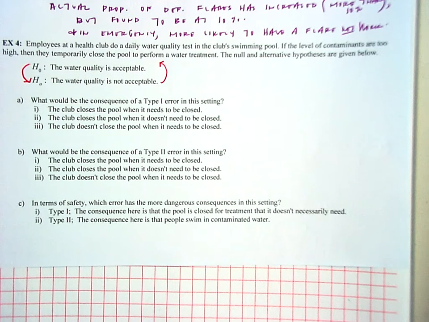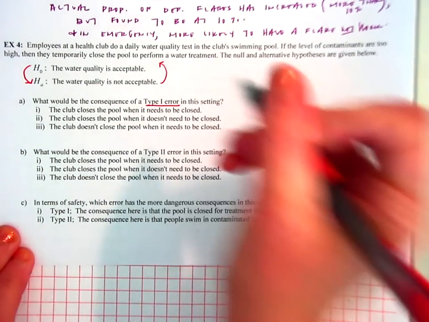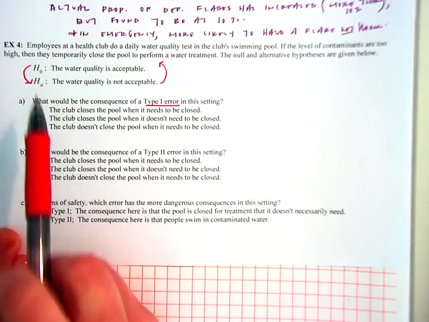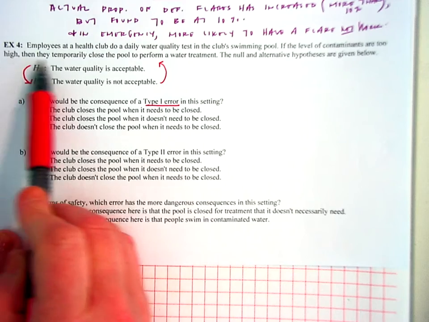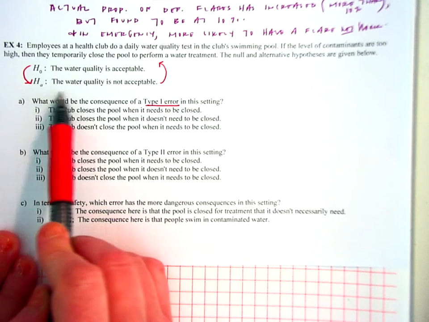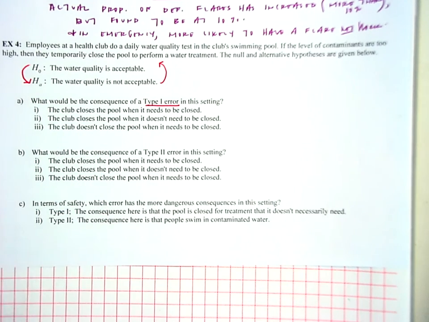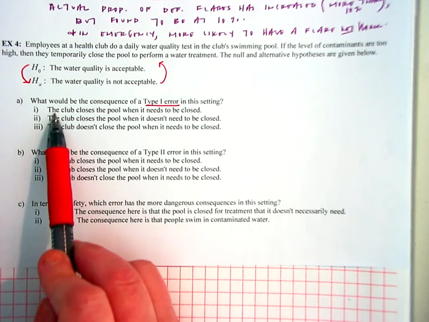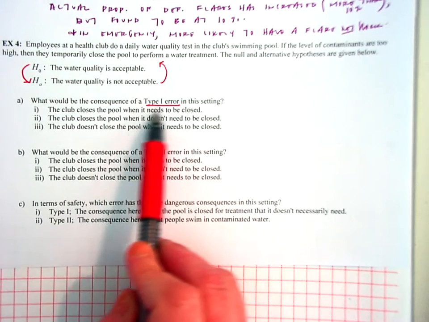Okay, here we go. So type 1 error, we know that it would be that the water quality is acceptable, but we are finding that it's not. So what would be a consequence here? When I read through my options, club closes the pool when it needs to be closed.